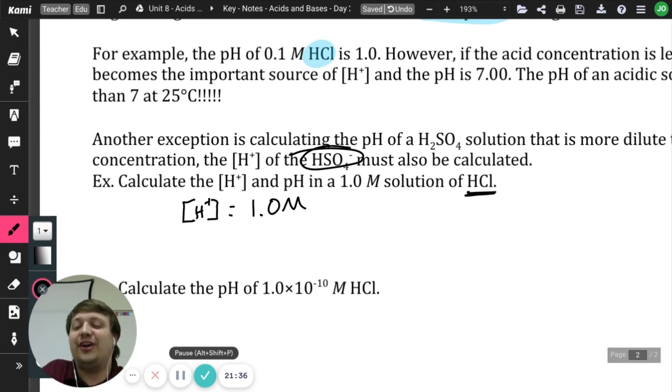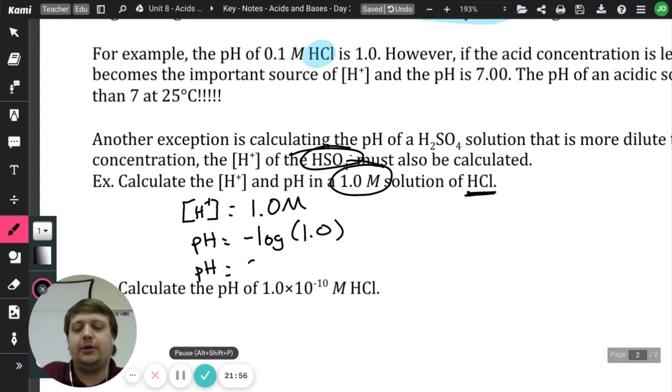And so since there is 1 HCl for every 1 hydrogen, that would be the same concentration. Okay? So then to solve for my pH, I'm going to take the negative log of my hydrogen concentration. And so I would find that my pH is going to equal 0. Okay? And so very, very low, so it would be a very strong acid, right?